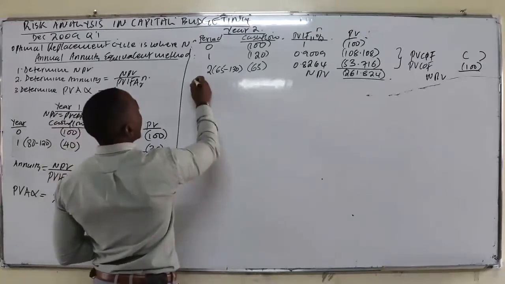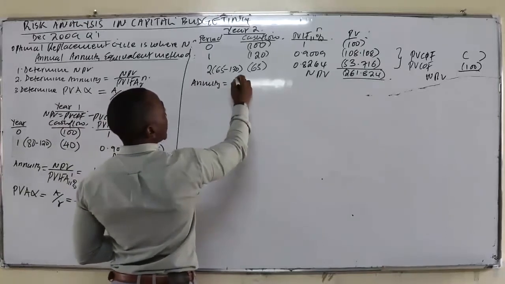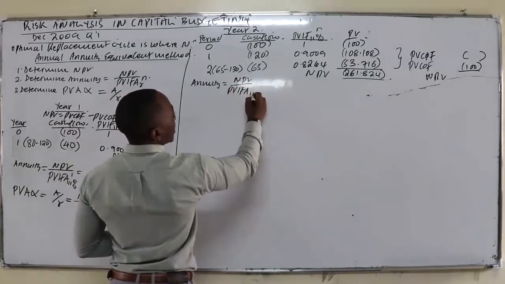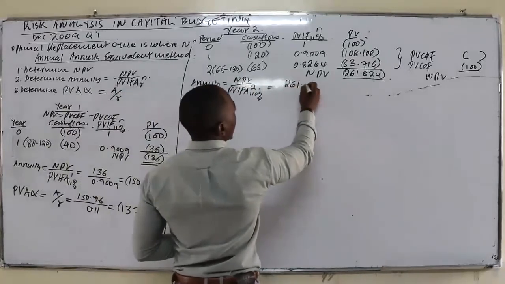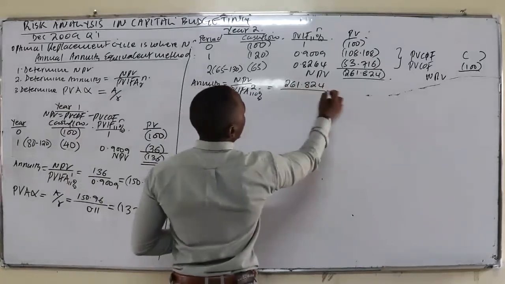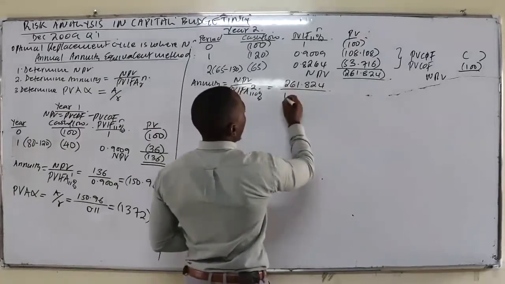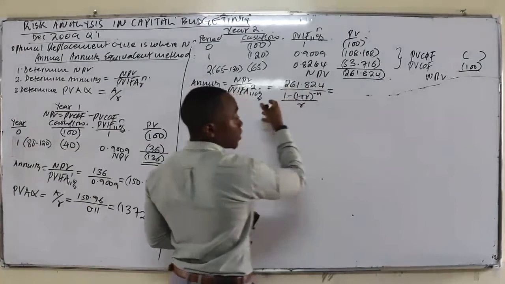You determine the annuity. In this case, you take the NPV and divide by the present value interest factor of an annuity, 11% for 2 years. So our NPV is 261.824. How do we get the annuity factor? It is 1 minus 1 plus R raised to the power negative N, over R, because this one is an annuity.